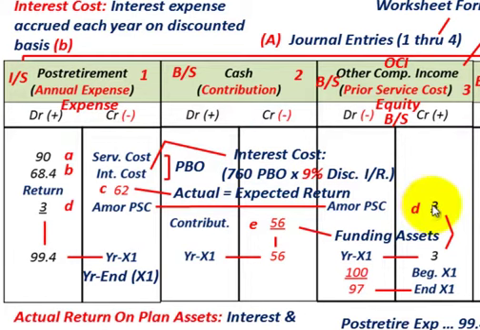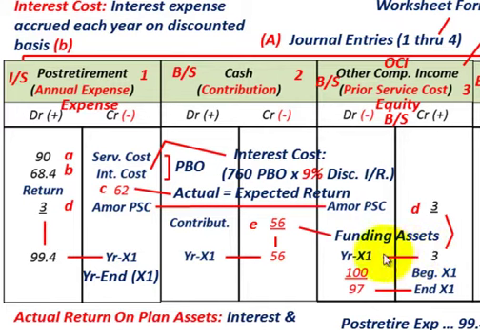That was the amortization of the prior service cost. So what we would have for our year under Other Comprehensive Income for prior service cost, we just had a net amount, a credit, or we increased it by $3,000 or $3 here for the amortization of the prior service cost.